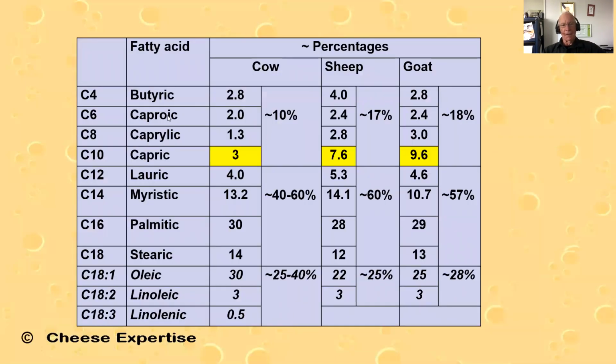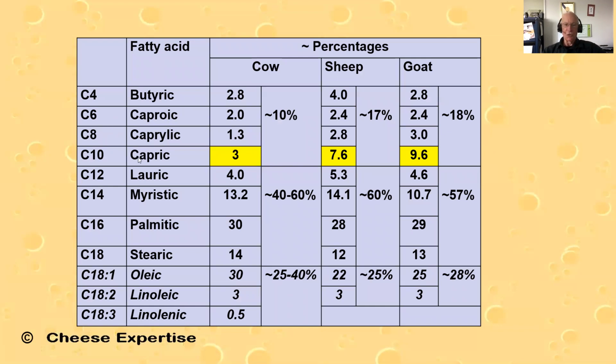Typically, the fatty acids have got fairly technical names, but we see that the 4-carbon chain one is butyric acid, the 6-chain one is caproic, in technical terms called hexanoic from the 6 chain. The 8 is octanoic, but we call them by these common names: caproic, caprylic, and capric are the first 6, 8, and 10.